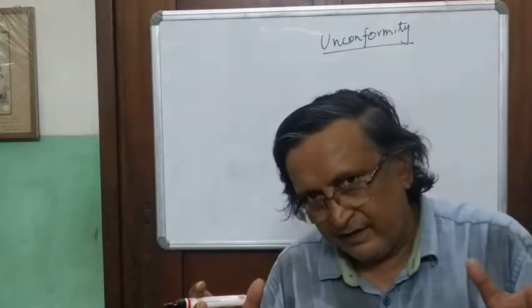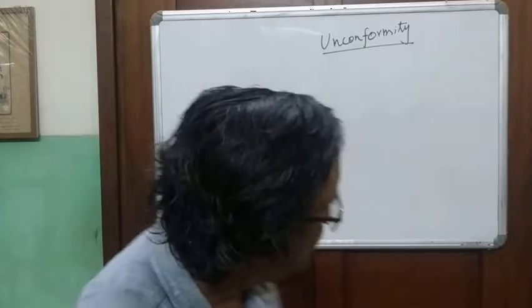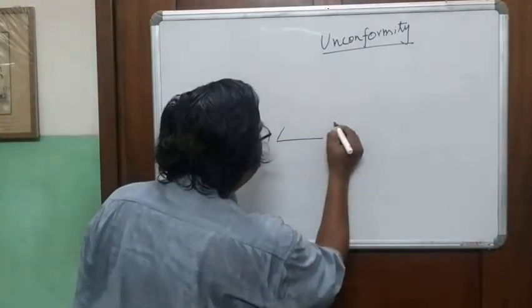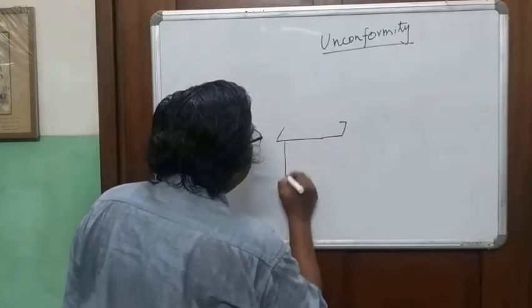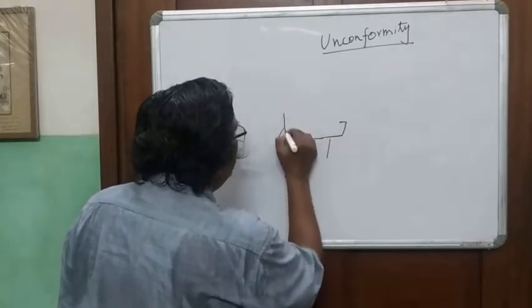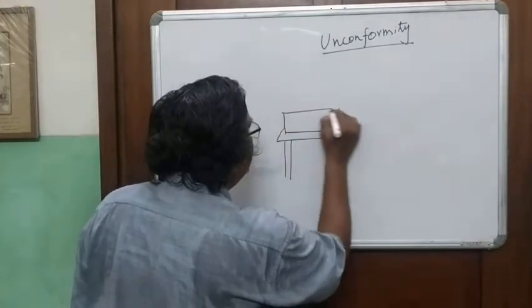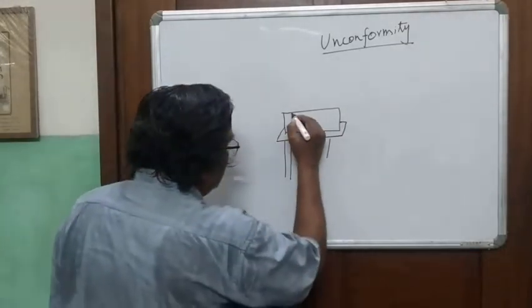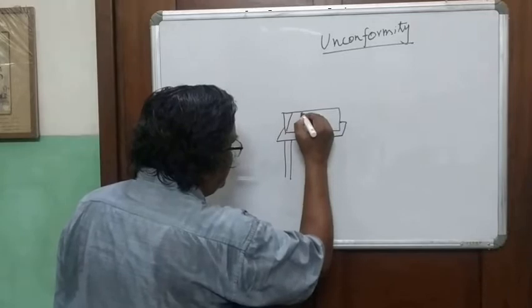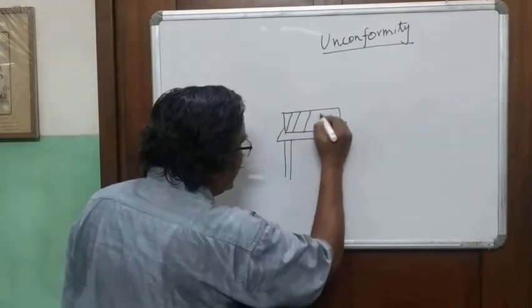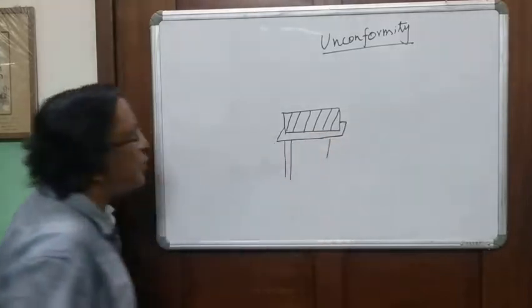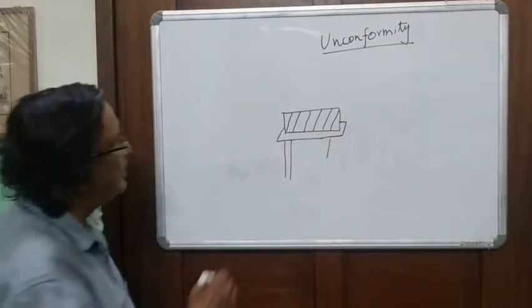Sounds a little vague, but let's say we have a table on which there is a rack, and on which you have arranged books, say books in an office.